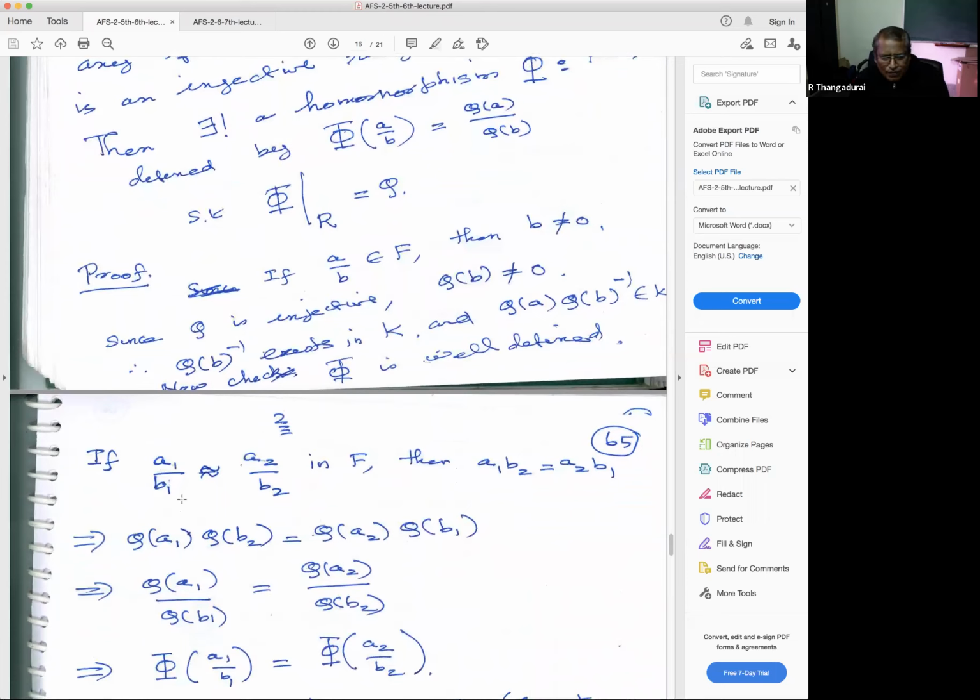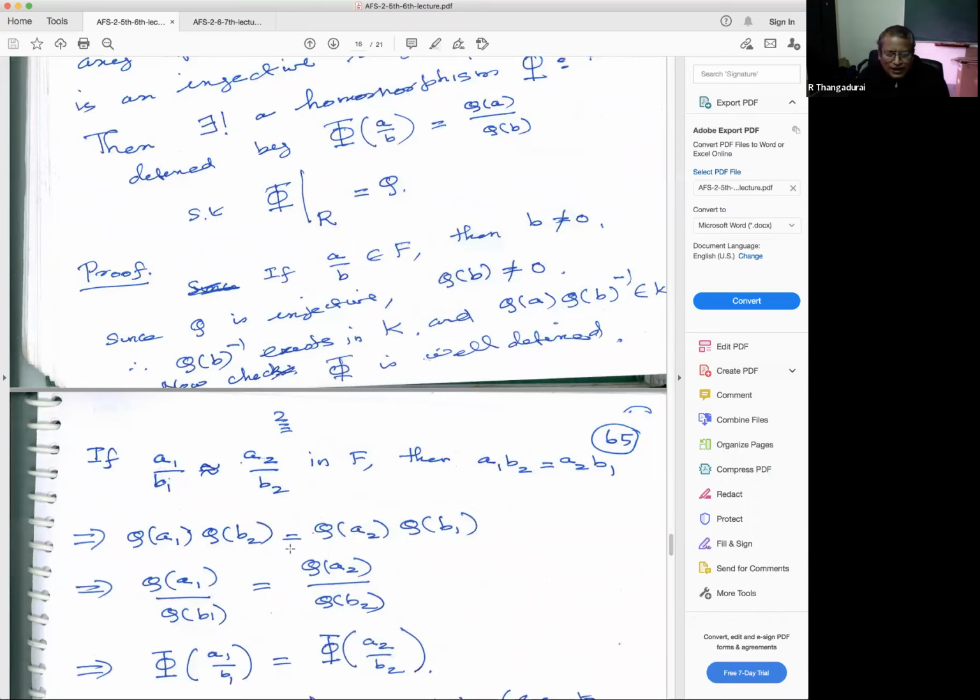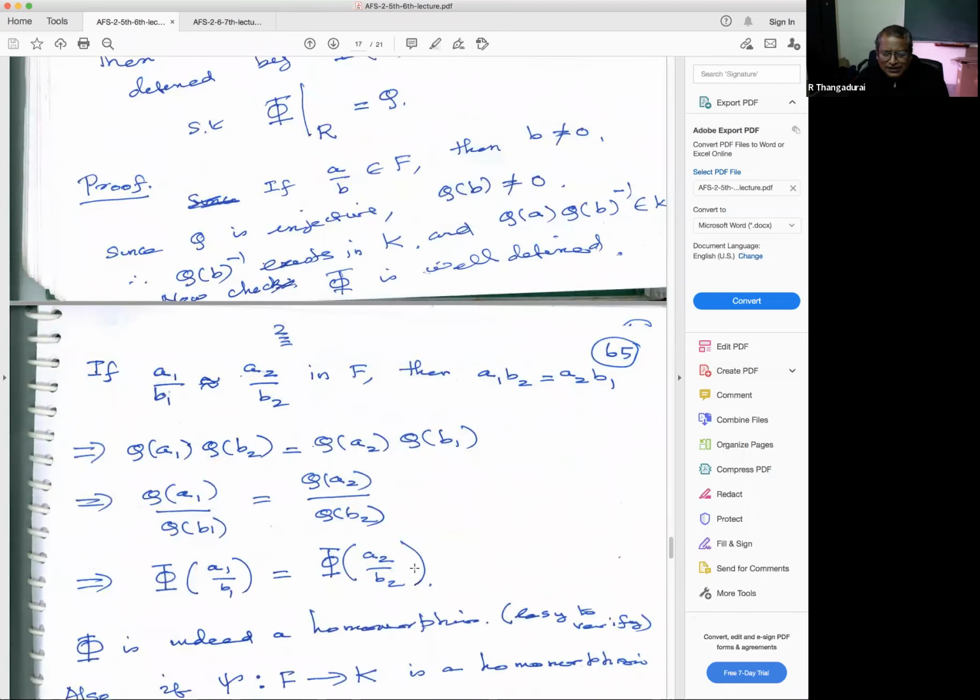Since a1/b1 is related to a2/b2 by the equivalence relation, a1 b2 equals a2 b1. These are all ring elements, so we apply the ring homomorphism phi, and then we see that things are matching.